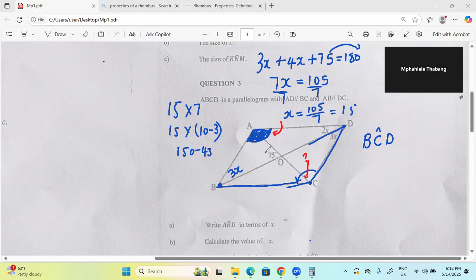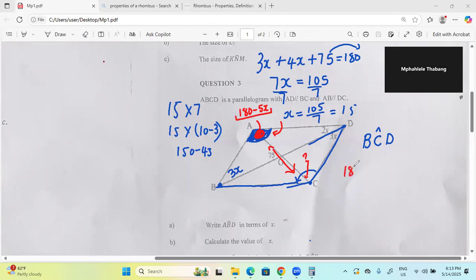Why am I saying they are equal? These two angles that are opposite are equal. Opposite angles of a parallelogram are equal. If a quadrilateral is a parallelogram, opposite angles are equal. So if I find A, I found C. This A is 180 minus 5x, sum of angles in a triangle.